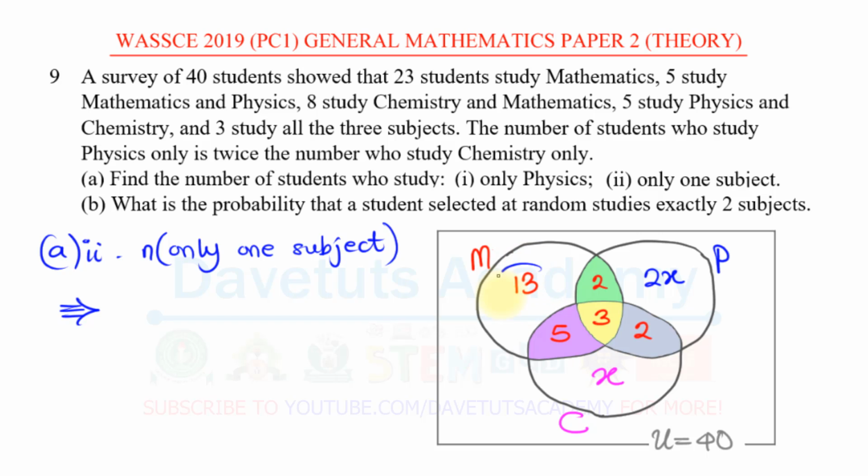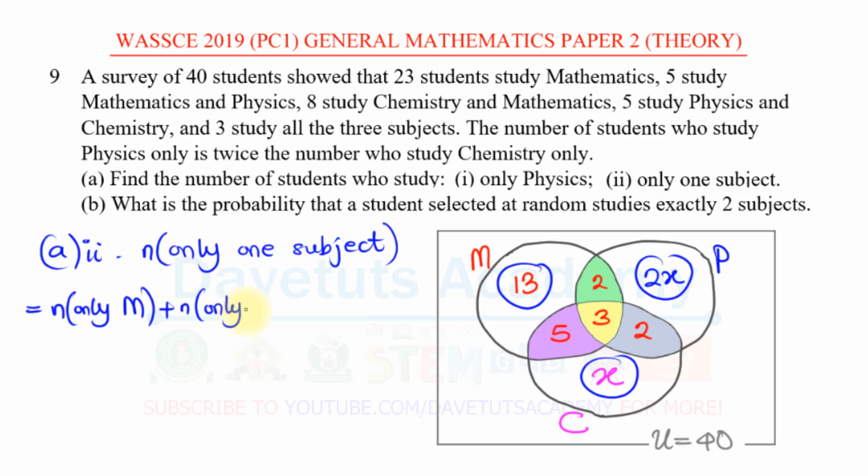Then where is the number of students that study only one subject? That will be here, only mathematics plus only physics plus only chemistry. That is the beautiful thing that we can do here. In short, let me show you something. That will be number of only maths plus number of only physics plus number of only chemistry.